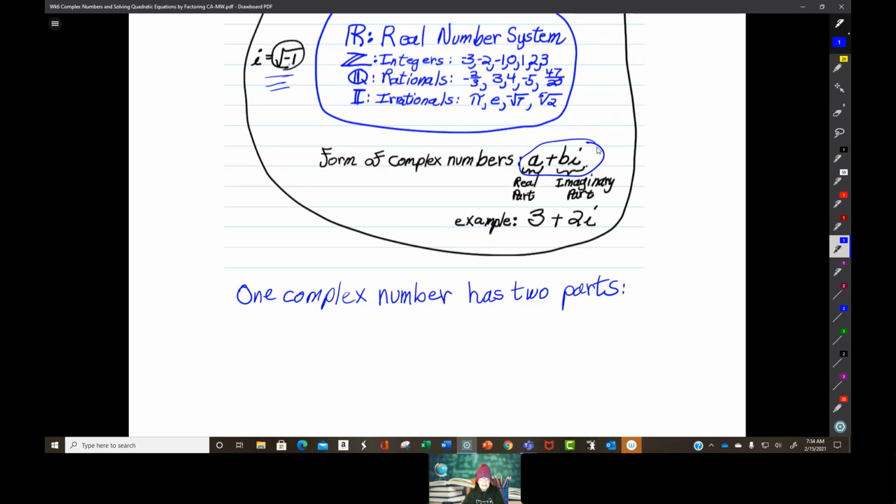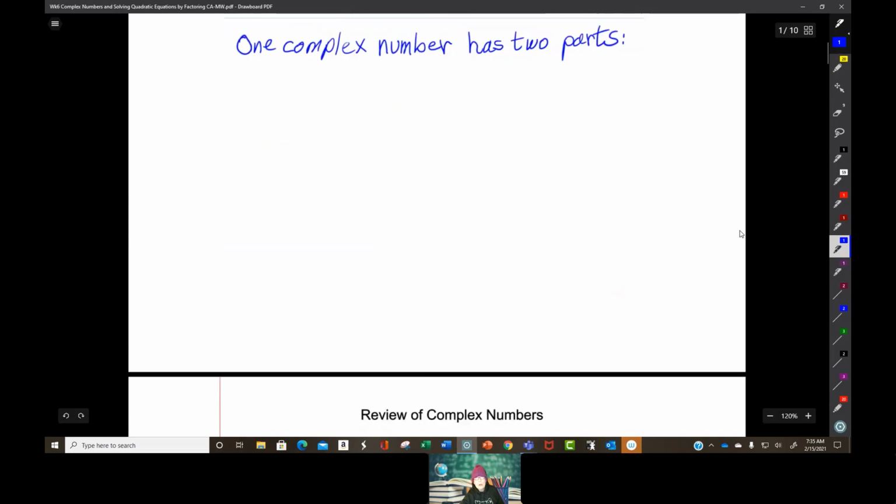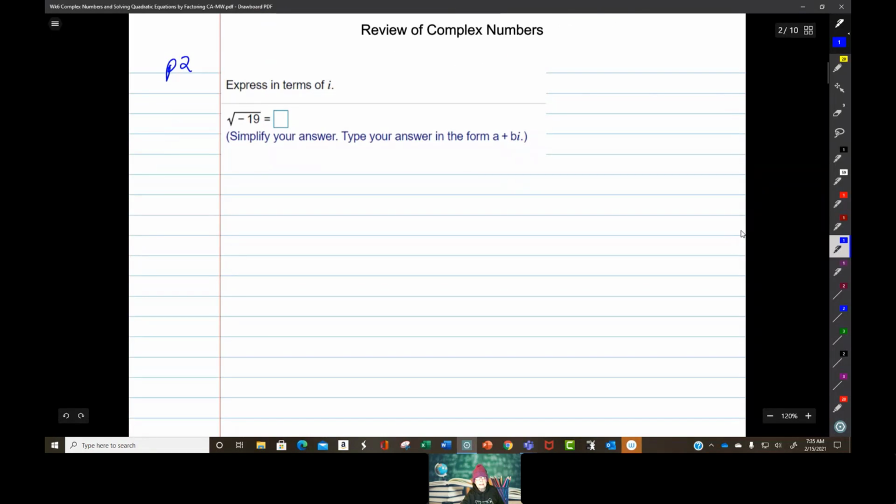He created the mathematics for it before scientists started working on building the grid. Okay, so we're going to be reviewing complex numbers first. We're going to be reviewing the part of complex numbers that we have to deal with when we're solving quadratic equations.